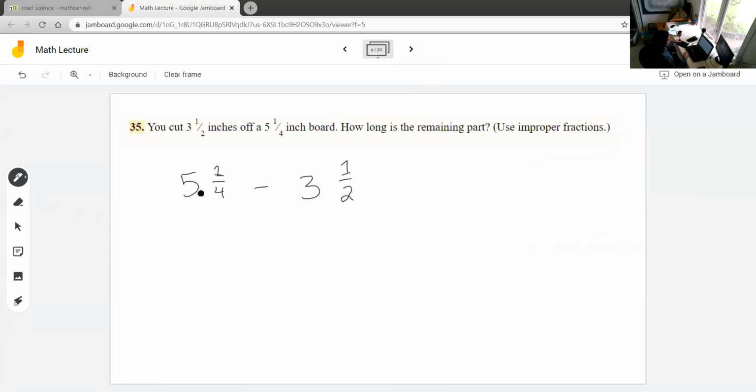Five times 4 is 20, plus 1 is 21. 3 times 2 is 6, plus 1 is 7.